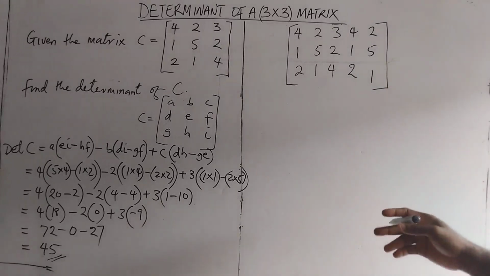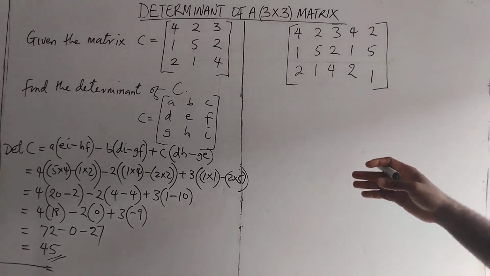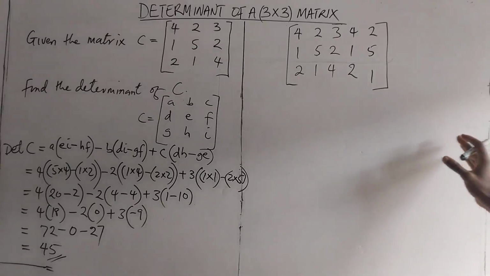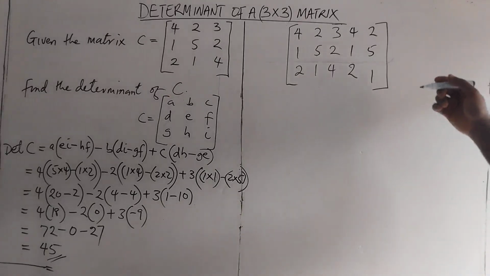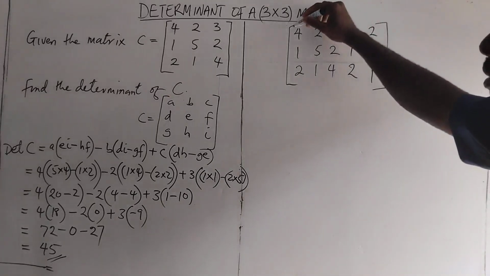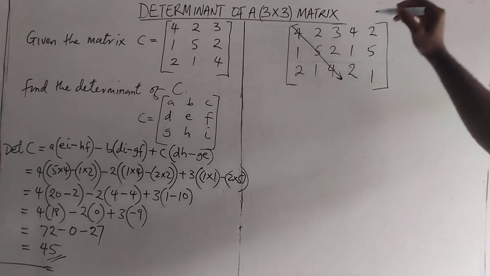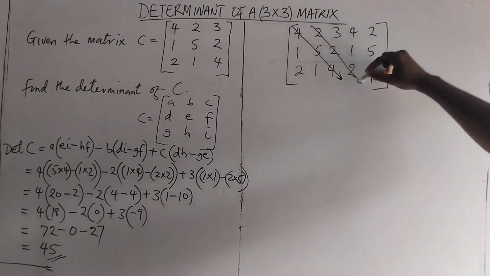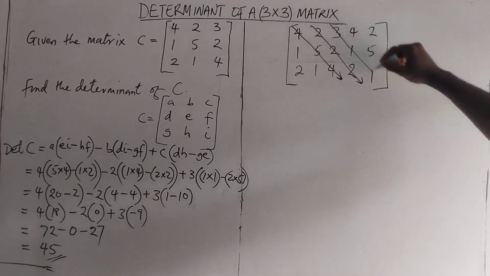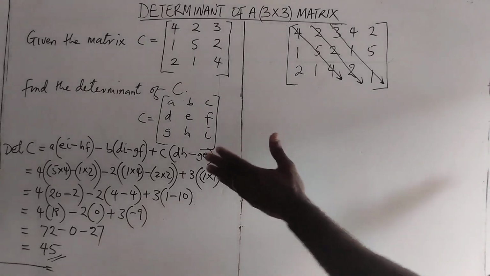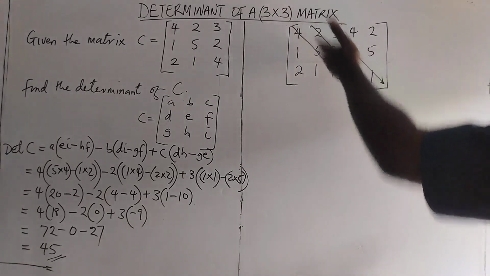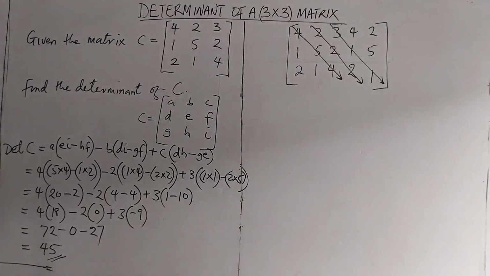Now, the next thing to do is you add the product of all the leading diagonals. The leading diagonals are, this is the first one, the second one, and the third one. These are the leading diagonals. So find the sum of the products of these 3 diagonals.